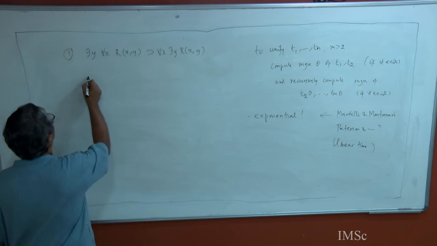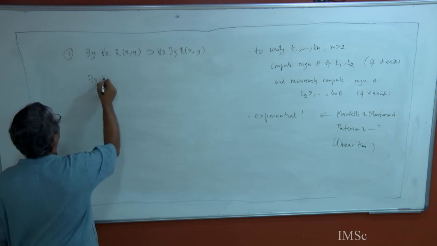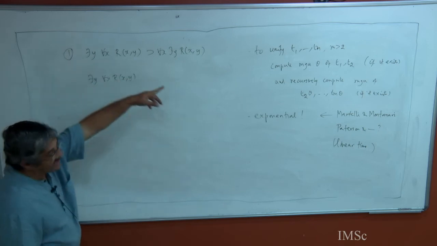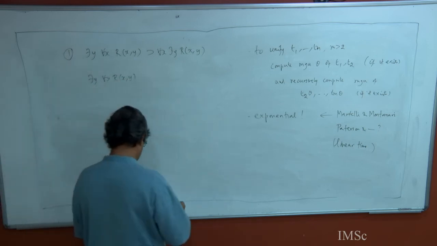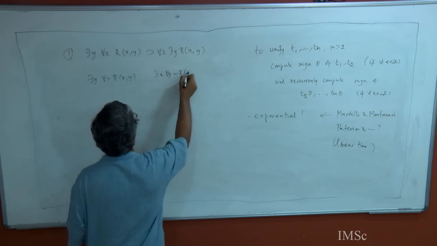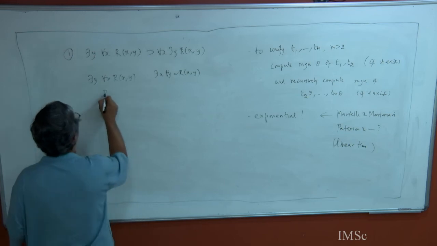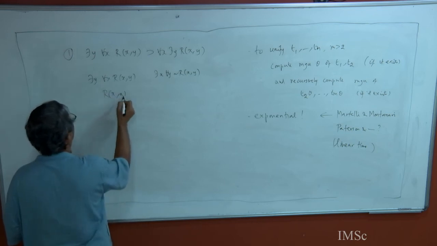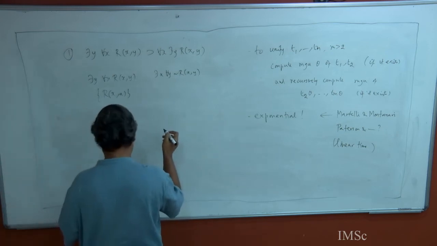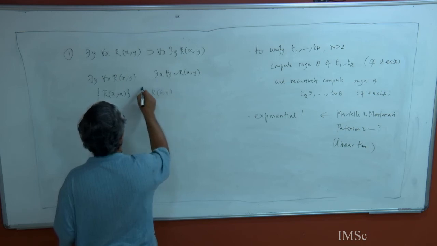What will you get? You have to write this and the negation of that, and the other one will have, there exists x for all y not R xy, and then I Skolemize, I will get R x a here, and I Skolemize here, I get not R b y.